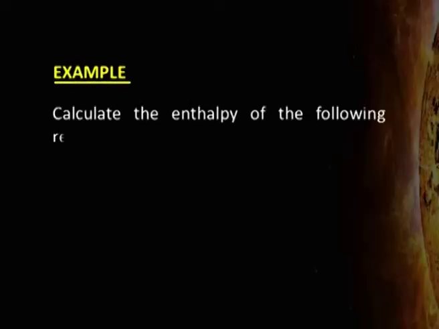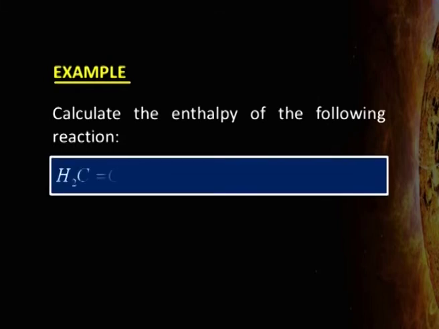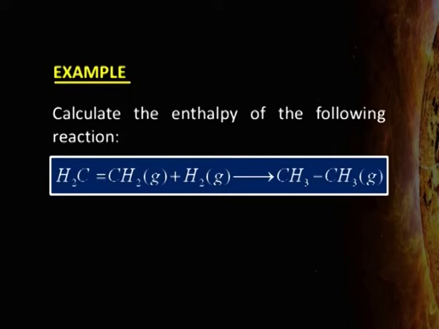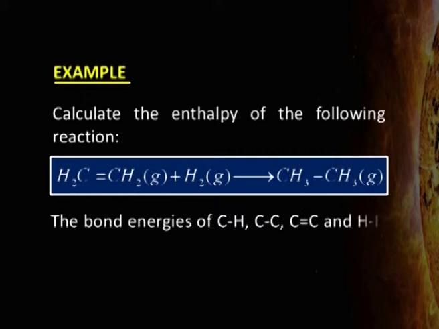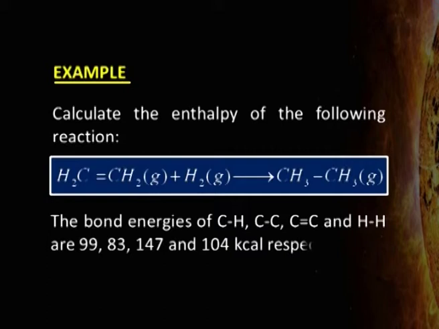Calculate the enthalpy of the following reaction: CH2=CH2, that is ethene gaseous, plus gaseous hydrogen, giving you ethane, CH3-CH3, gaseous. The bond energies of carbon-hydrogen, carbon-carbon, carbon double bond carbon and hydrogen-hydrogen are 99, 83, 147 and 104 kilocalories respectively.